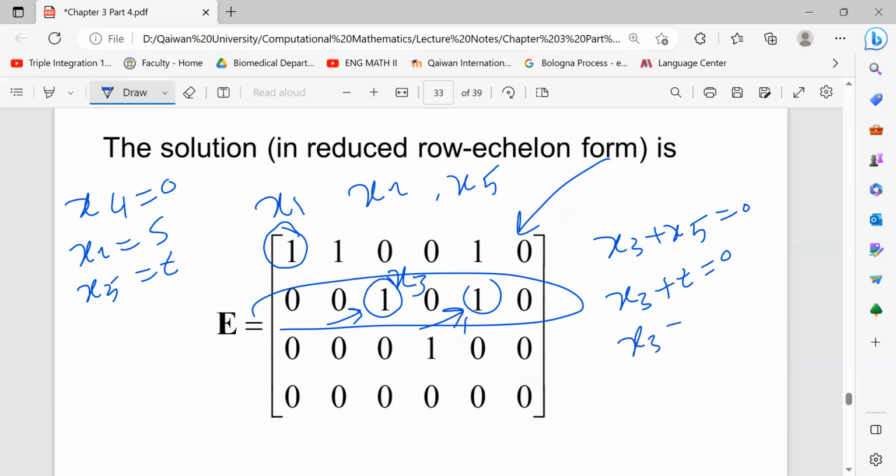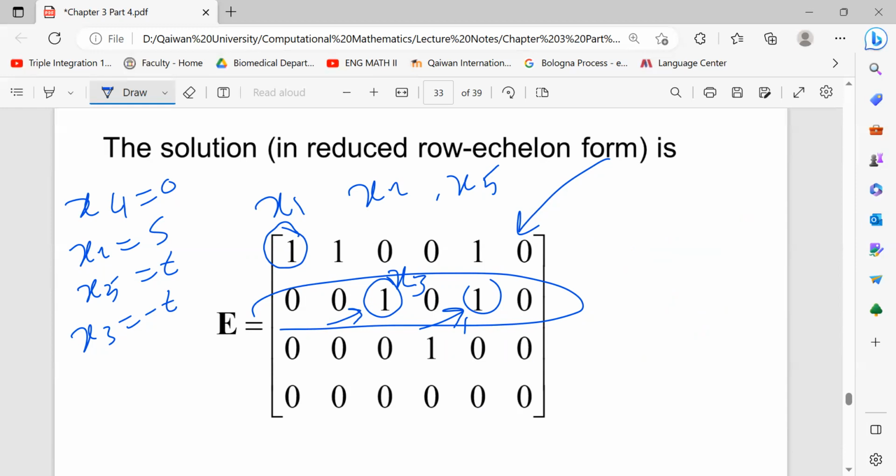So x3 is negative t. x3 is minus t. We now have x2, 3, 4, and 5. We just need to find the value of x1. We can get it from the first equation.